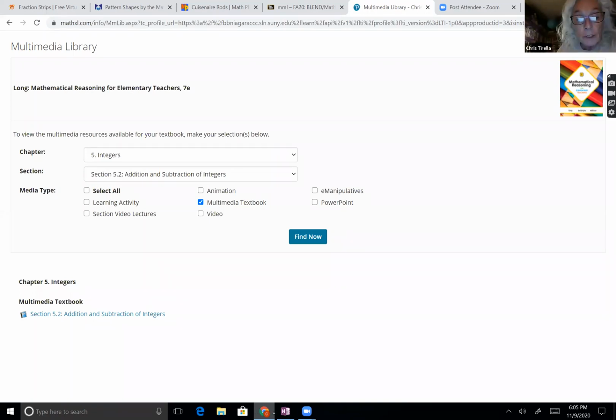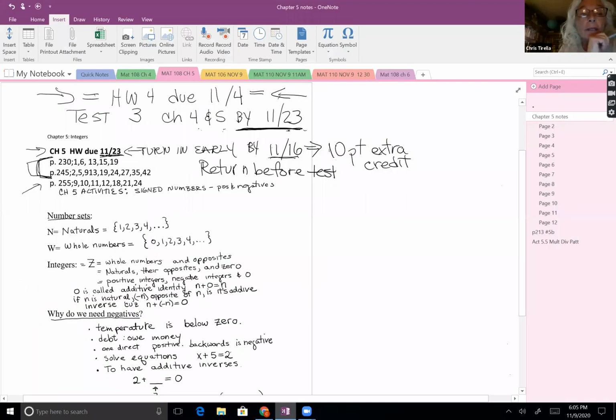In which case, what I'd like to do next is go back to when we had started chapter 5. The night before we started it, we had looked at some of the chapter 5 activities, for defining signed numbers, adding and subtracting signed numbers, but we didn't get to the next activity in the version of the activity manual that I was using over the summer when I was putting the course together.